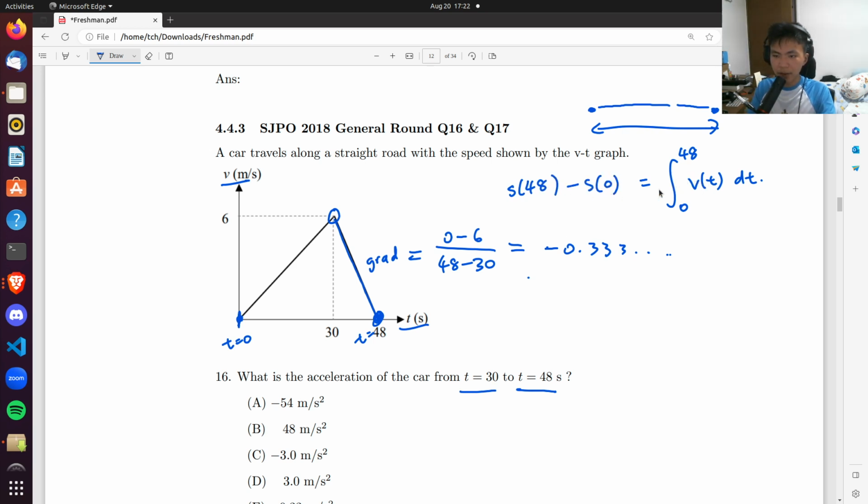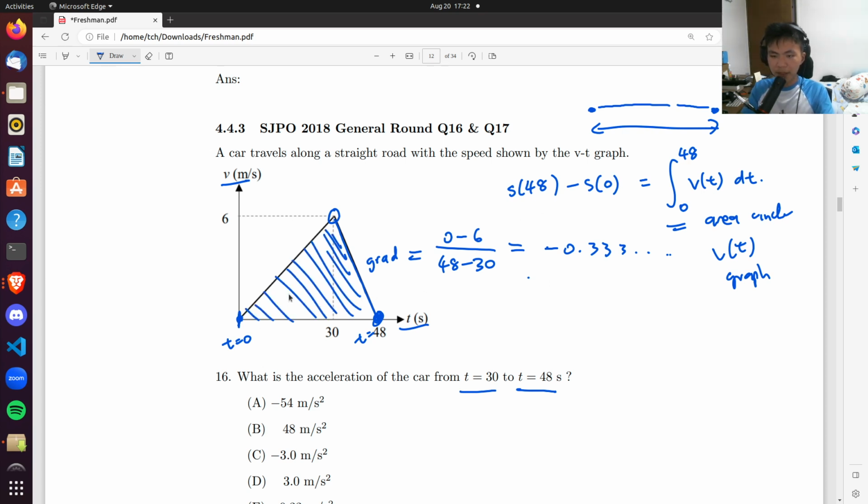And for the integral, we do not need to know the equations. We just need to know that the integral is the area under the VT graph from 0 to 48 seconds. So the displacement is just the area of this triangle.